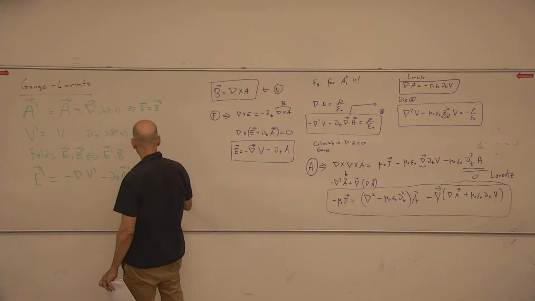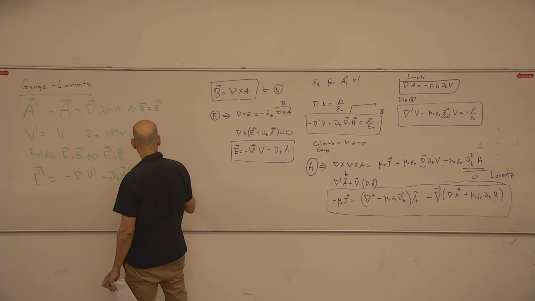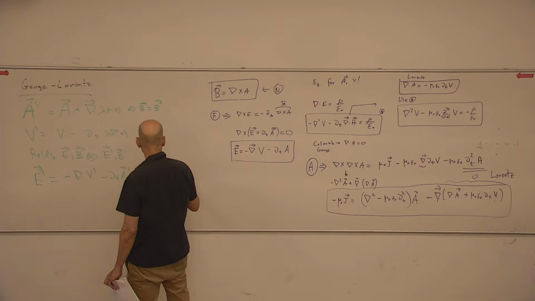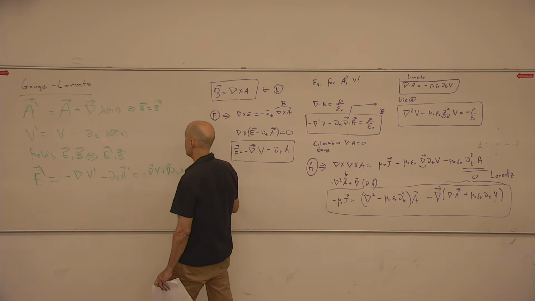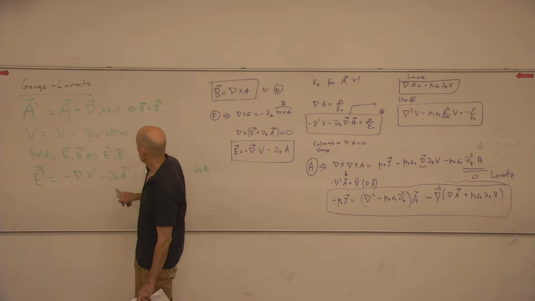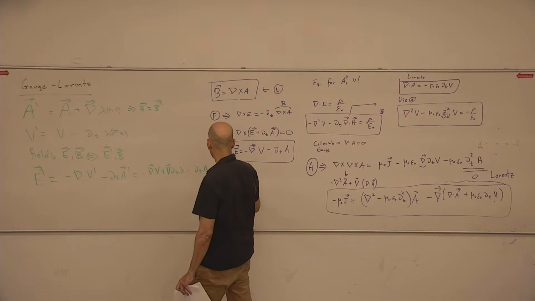This is minus del V, minus, which will turn into plus, del d dt of the function lambda, minus d dt A, taking d dt of A, minus d dt del lambda.